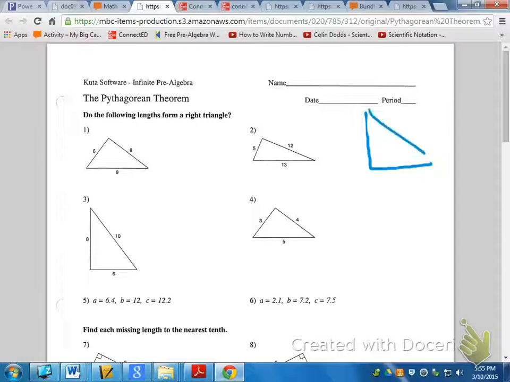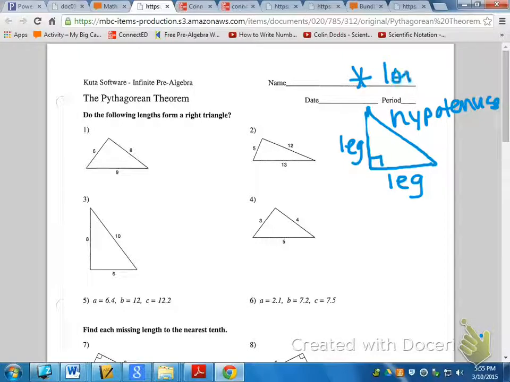When you have a right triangle, of course you've got a right angle, and the two sides that come together to form the right angle are known as legs. But the side opposite the right angle is really important. It is called the hypotenuse. The hypotenuse is always the longest side. Really important information, it is always the longest side.